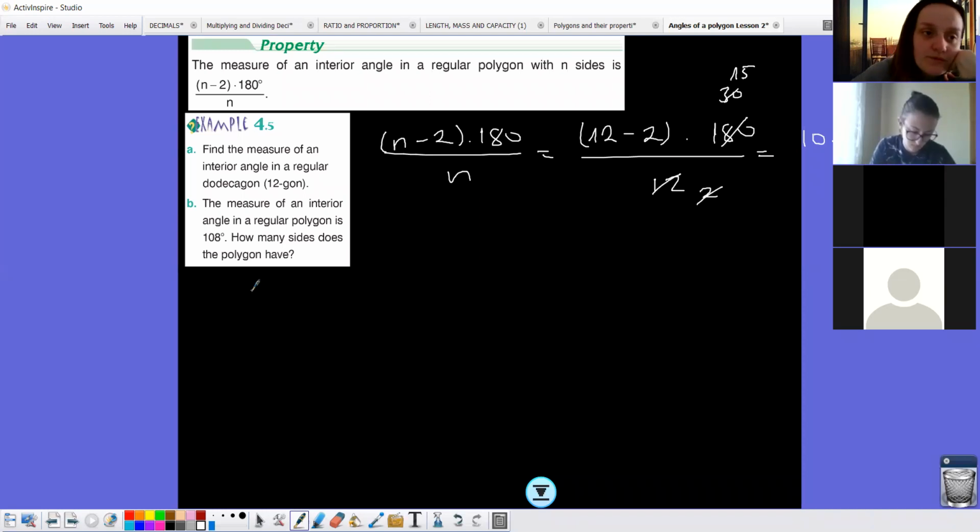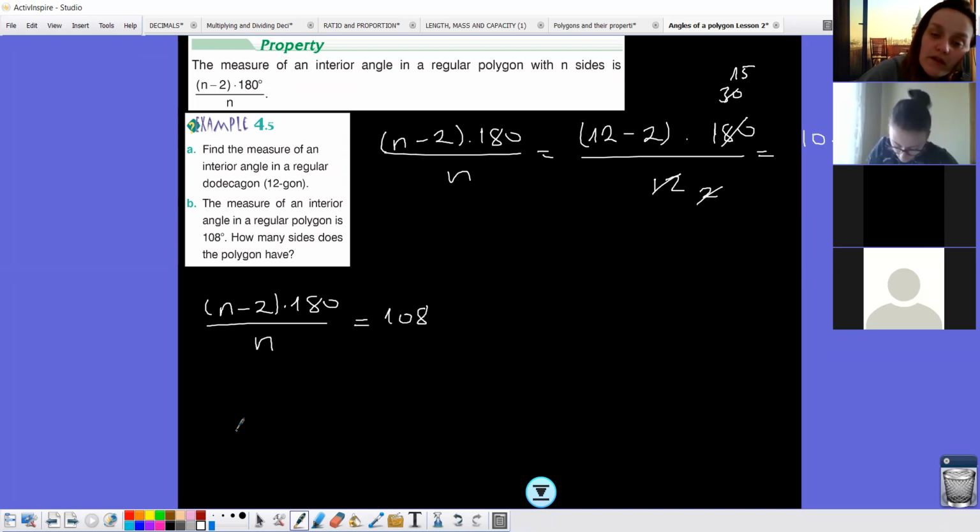So how will we do it? (n minus 2) times 180 over n is equal to 108.